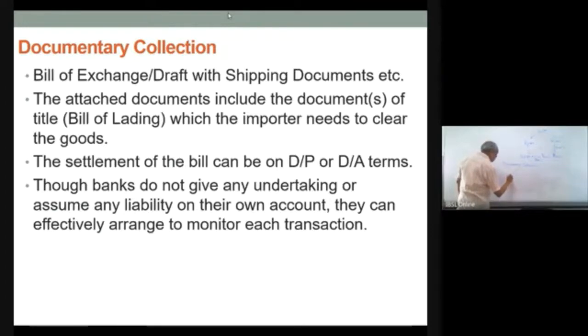One is DP, documents against payment. The other one is DA, documents against acceptance.